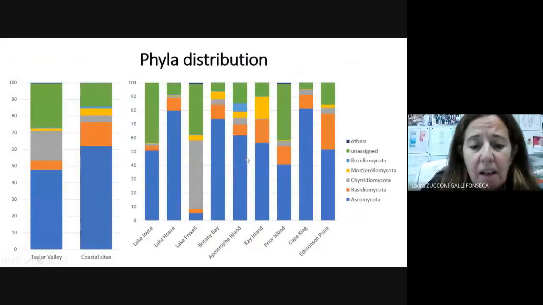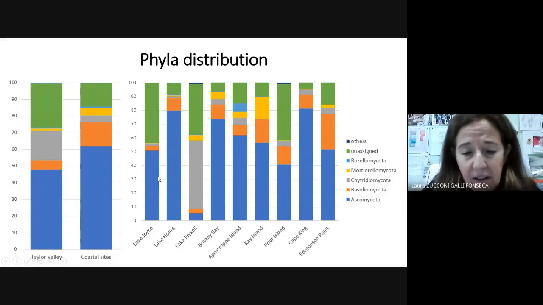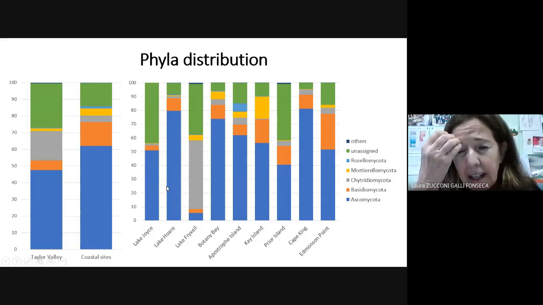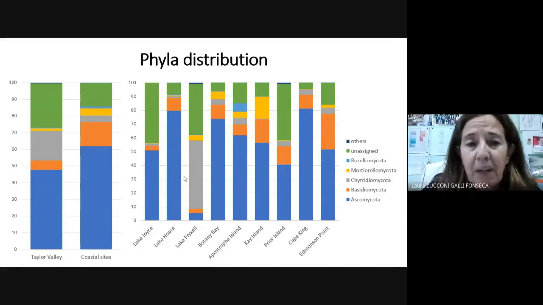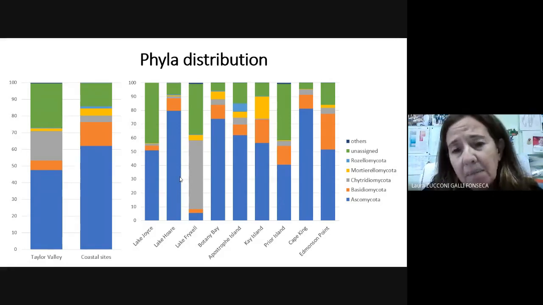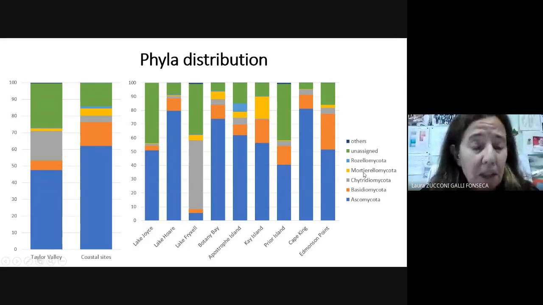We obtained 860 OTUs, and the taxonomical composition of this site agrees with data already reported from other authors for other substrates and other localities. So we obtained the prevalence of Ascomycota and Basidiomycota, followed by Chytridiomycota and Mortierellomycota.